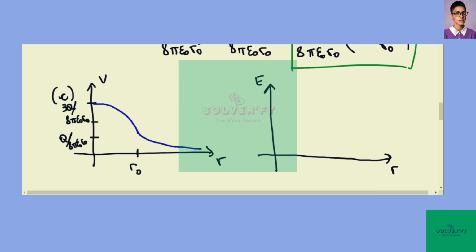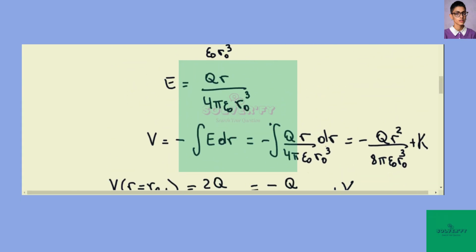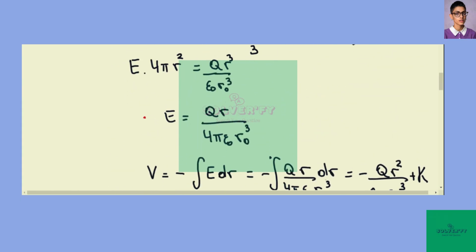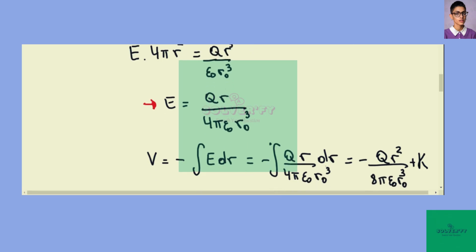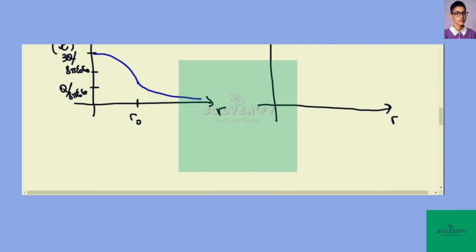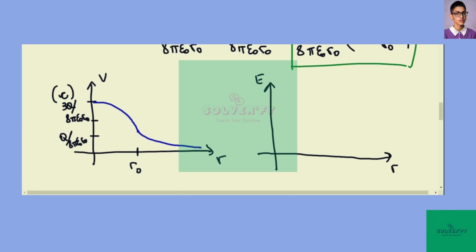Okay, so notice that E from here starts at 0 and increases linearly until it reaches the value of Q over 4 pi epsilon 0 r0 squared. So it starts at this point, does something like this till it reaches r0.